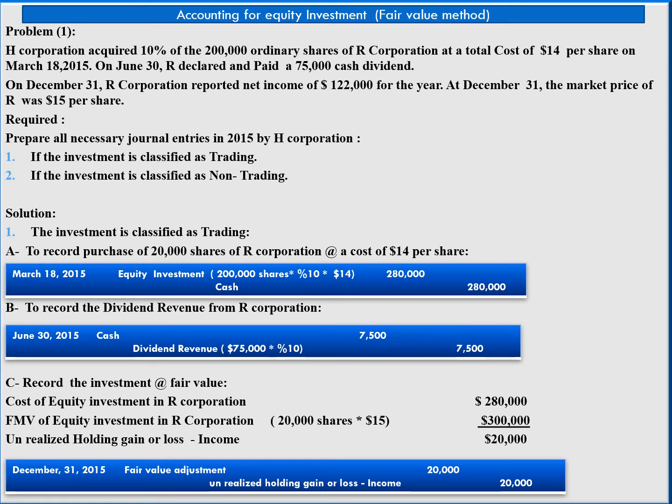Why? Because we agreed that in case of equity investment held for trading, unrealized holding gain or loss is considered part of income. So I write unrealized holding gain or loss, dash, income. Notice here that the value of the asset increased by $20,000.